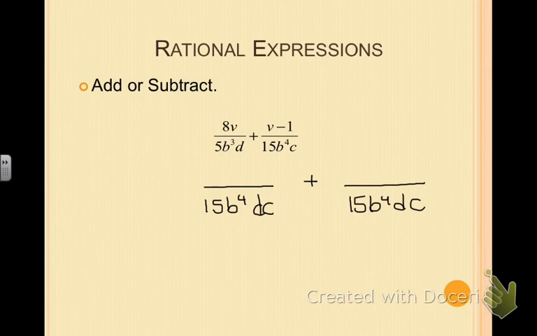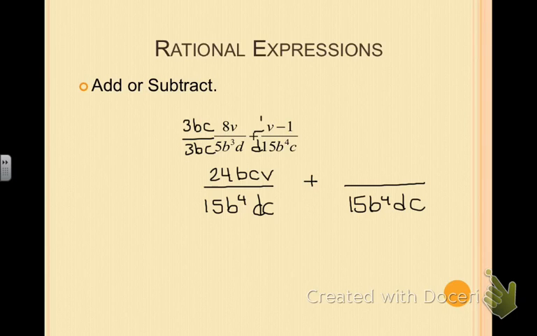In order to get from 5b cubed d to 15b to the 4th power dc, we need to multiply by 3bc. So we're also going to multiply 8v by 3bc, and this gives us 24bcv. 15b to the 4th power c needs to get multiplied by d.